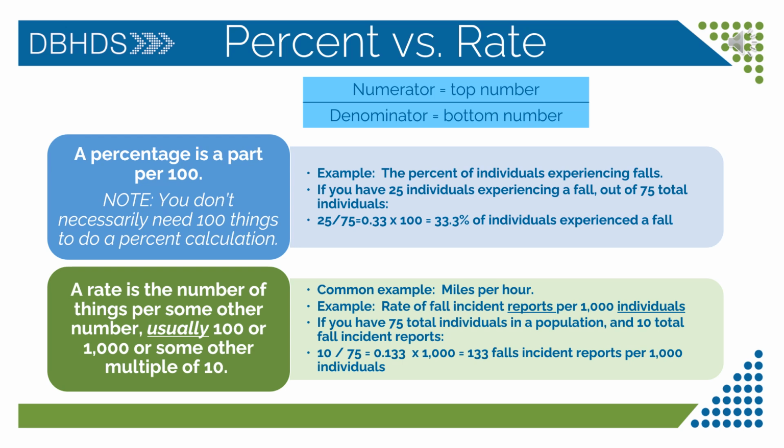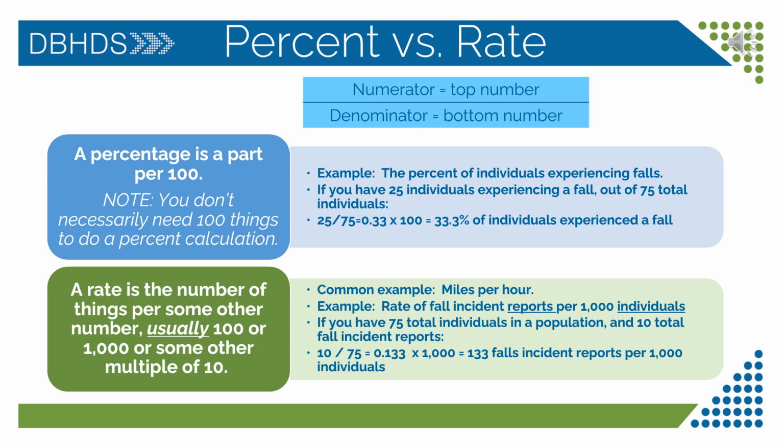A rate is the number of things per some other number, usually 100 or 1,000 or some other multiple of 10. A common example of a rate is miles per hour. An example in our line of work could be the rate of fall incident reports per 1,000 individuals.